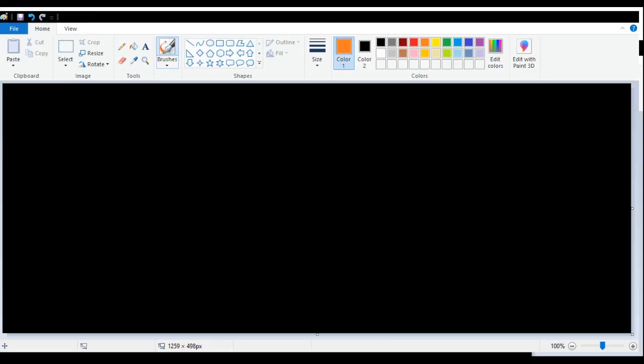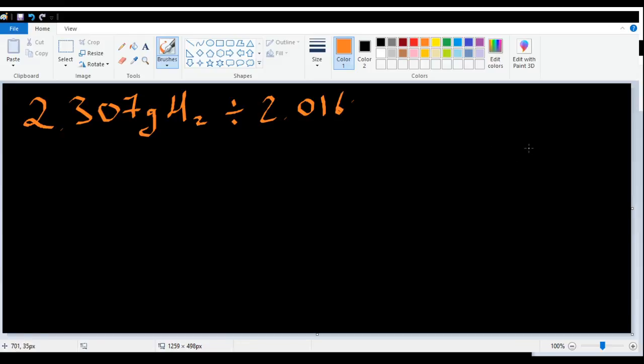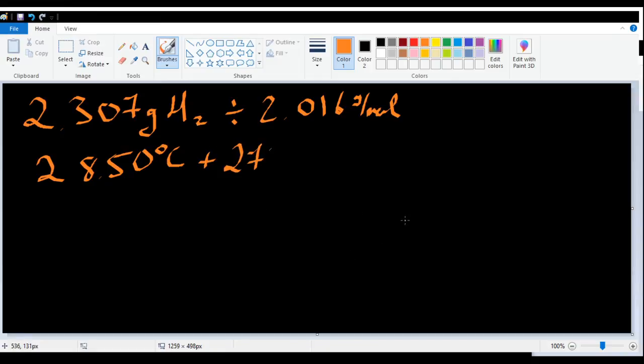So 2.307 grams of hydrogen. We convert that to moles, meaning we divide by 2.016 grams per mole. Our 28.50 degrees Celsius, we can convert that to Kelvin by adding 273.15.